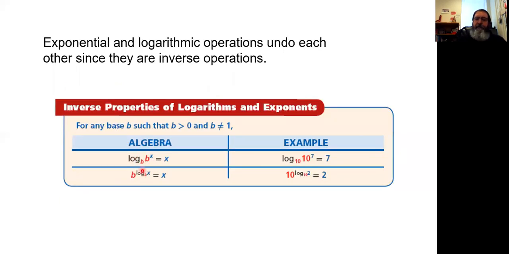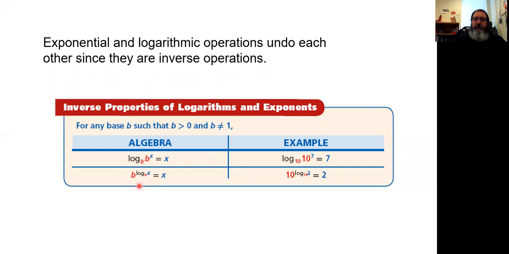Well, log base b of b to the power of x, all of that then just equals whatever the x is. So log base 10 of 10 to the power of 7, all that just equals 7. So that's good to know. Again, this is one of those things where we may end up needing to manipulate this number and its exponent to make these two match as a way to simplify or solve out the problem.